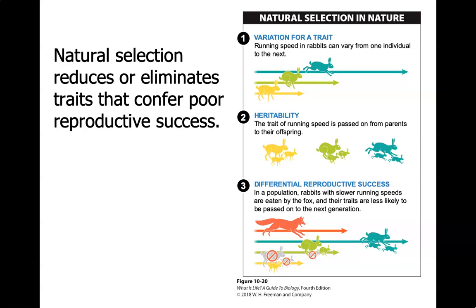So natural selection will very often reduce those traits that confer poor reproductive success. May not always completely eliminate them because remember, we've got those recessive alleles that can hide out in the population, but they can reduce it to a point where very few individuals actually have it. And then there's always the potential that genetic drift is going to remove that allele from the population.